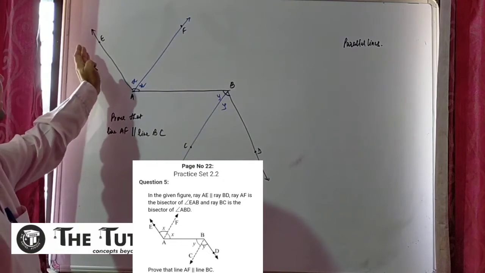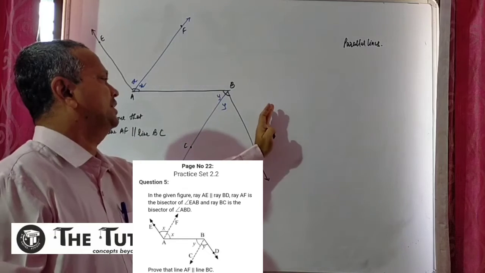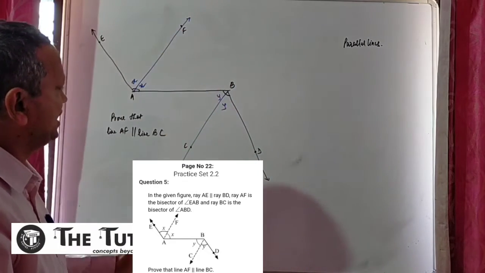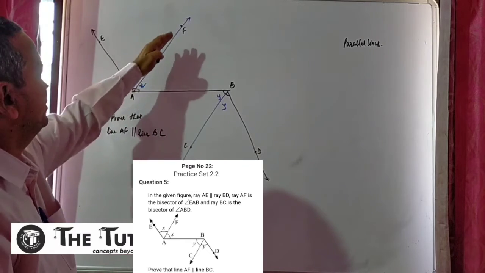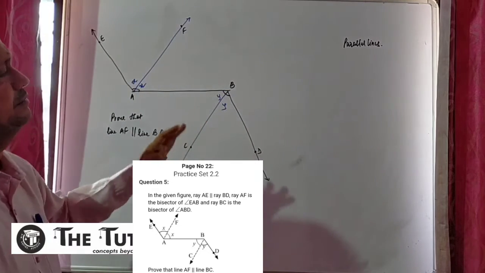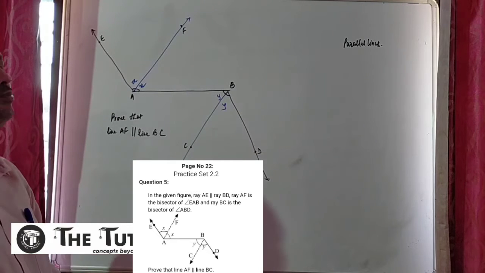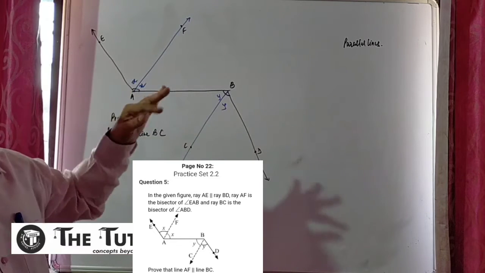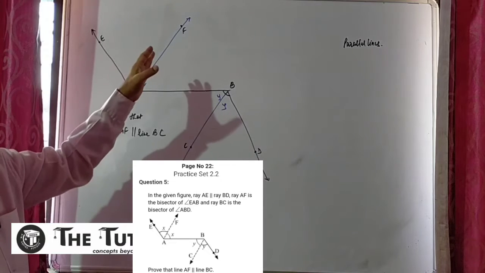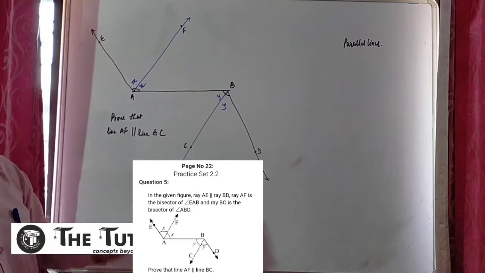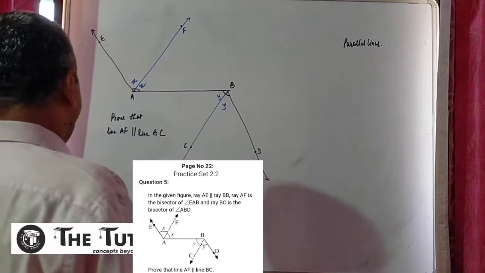Already it is given that AE is parallel to BD. AF and BC are the bisectors of these two angles. Bisector means they are cutting the angles into equal parts. They are bisecting it into equal measures. So we are going to prove that now.